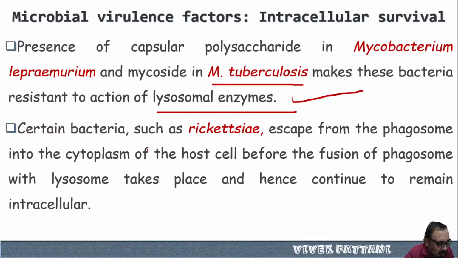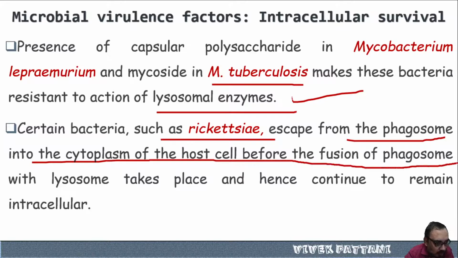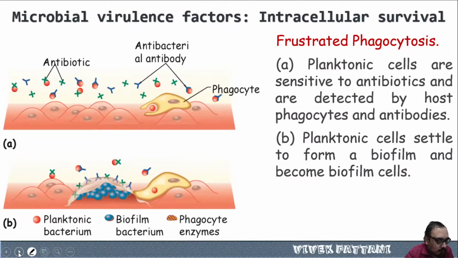The next one is that certain bacteria such as Rickettsia escape the phagolysosome into the cytoplasm of the host cell before the fusion of the phagosome with the lysosome takes place, and hence continue to remain intracellular, as phagocytes can sometimes not detect intracellular pathogens.